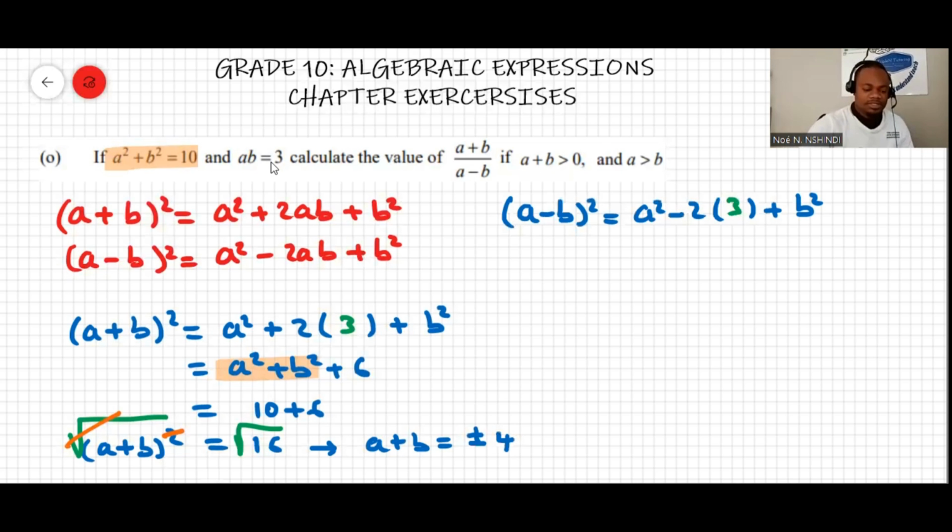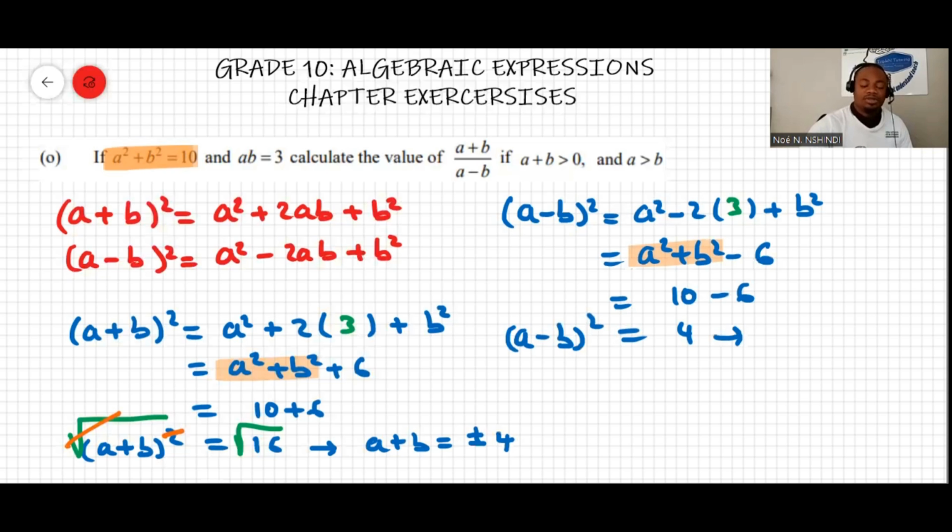And then if I write those next to each other, a squared plus b squared minus 6. Now note that this is the same thing as that again. And then it's going to be 10 minus 6, and that makes 4. So a minus b to the power of 2 is equal to 4.